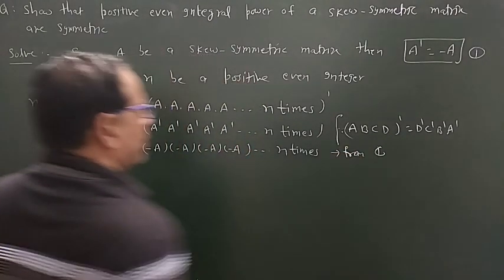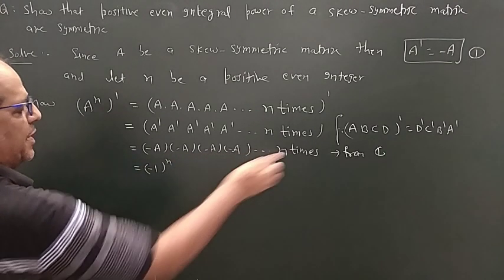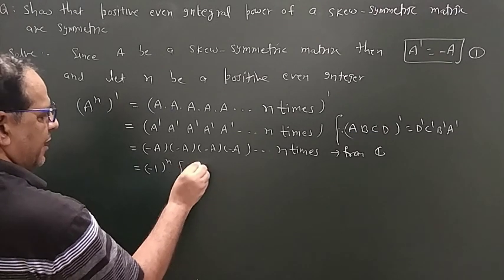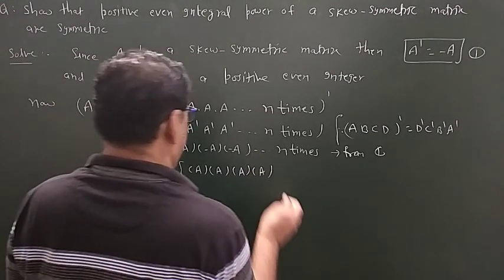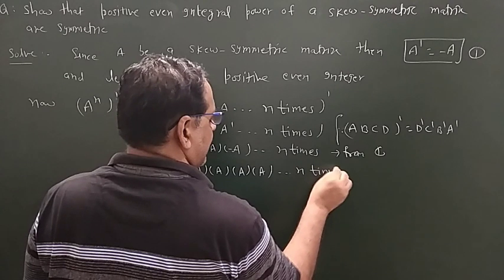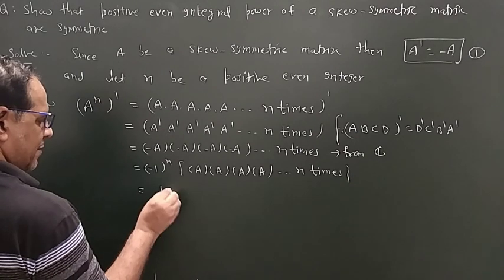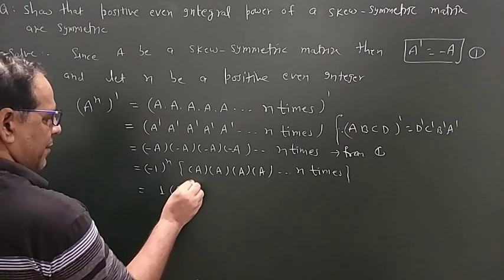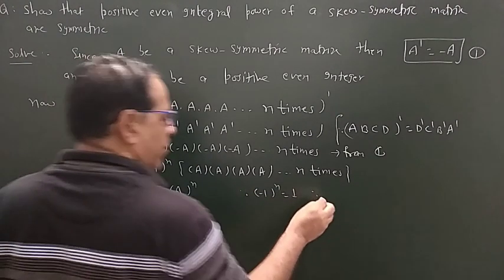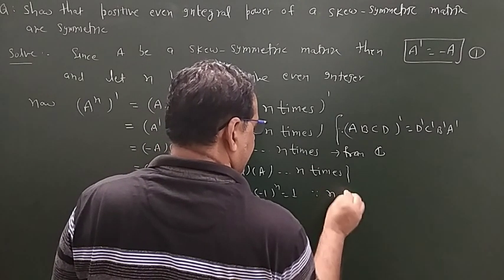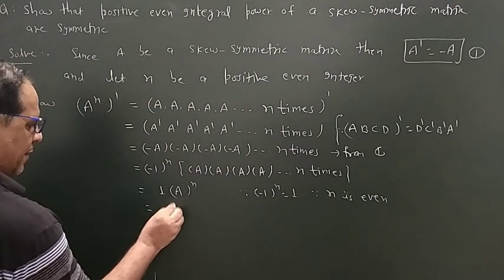Now take minus common from each bracket, so we have minus 1 to the power n, because minus A comes n times, and inside the bracket we have A, n times. Minus 1 to the power n becomes 1, because n is even, so we get A to the power n.